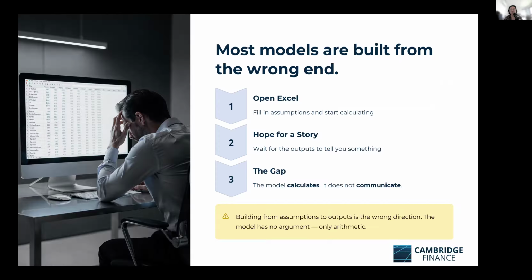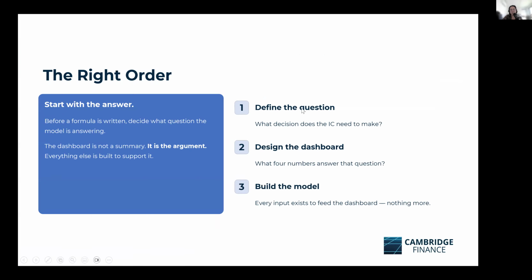So you need to think about what are the questions that we want to answer. Before you stress test anything, you need to find out what is the actual question you need to answer. So what is the decision that the investment committee needs to make?